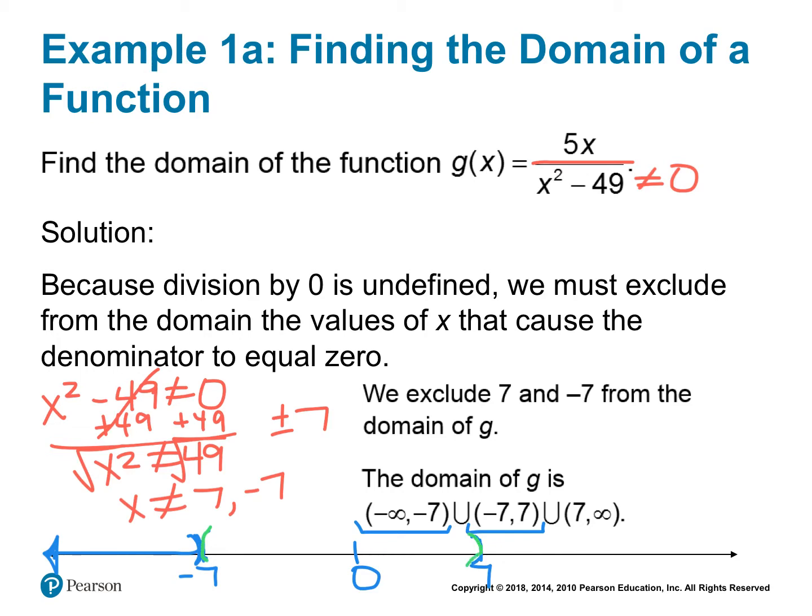I'm not using brackets because brackets would mean it could include -7 and 7. It cannot include those. And then we also have anything from 7 up to infinity, but not including 7. So it's the union of all of those, but we have parentheses because it cannot include -7 and 7. It could be 7.1, but it can't be exactly 7.